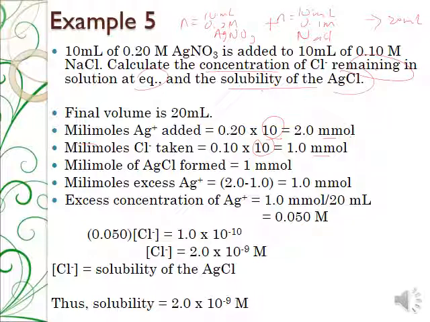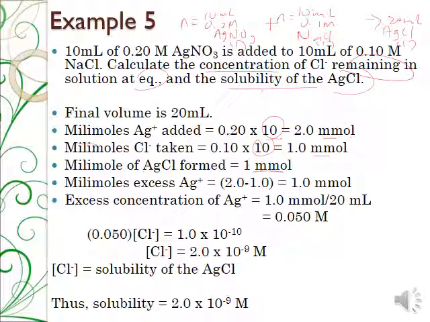Silver nitrate plus sodium chloride, we get what? Silver chloride. The product is silver chloride. So silver chloride forms 1 millimole, because it is 1 mole each: 1 mole here, 1 mole here, 1 mole here, stoichiometrically balanced.